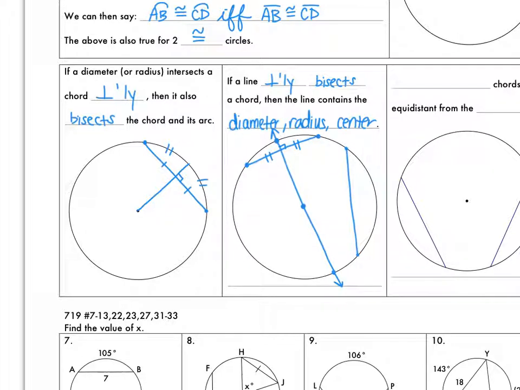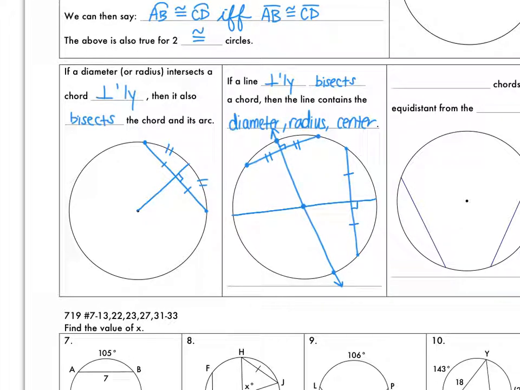I don't know where my measuring tool is, so we're just going to keep going with winging it. We'll try one more time. So this is not even necessarily the center, but it looks good. Really, if you measure it and make sure it perpendicularly bisects it, it should be fine.